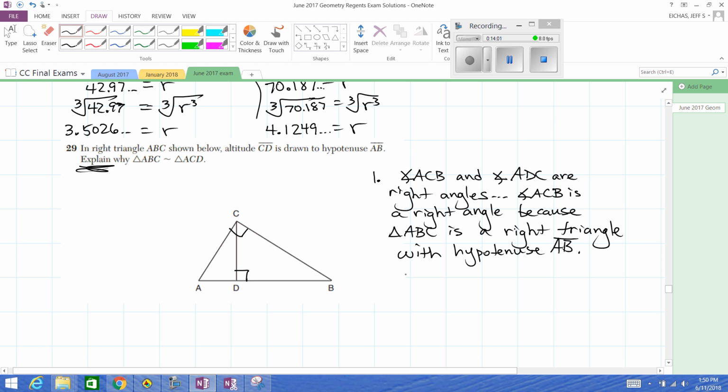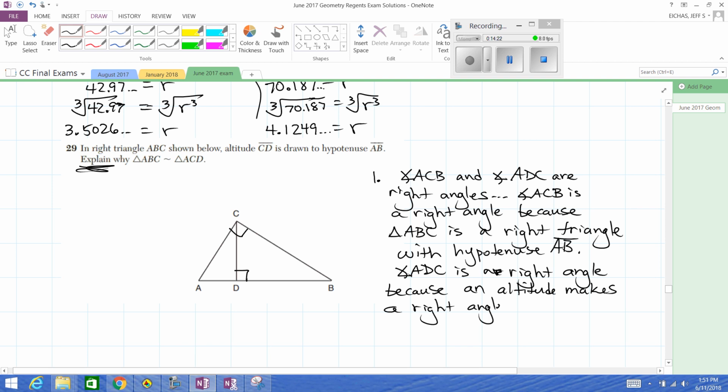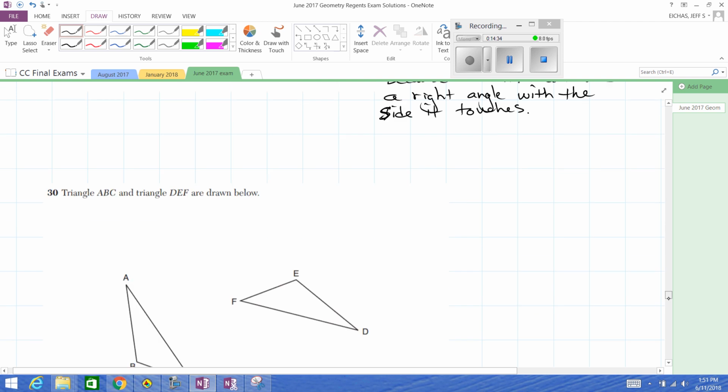And angle ADC is a right angle because an altitude makes a right angle with the side it touches. Okay. All right, got to keep going though.